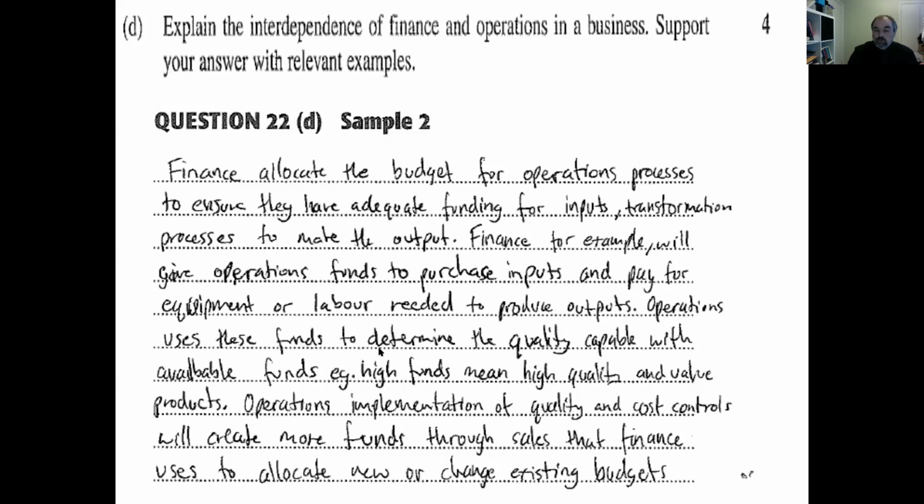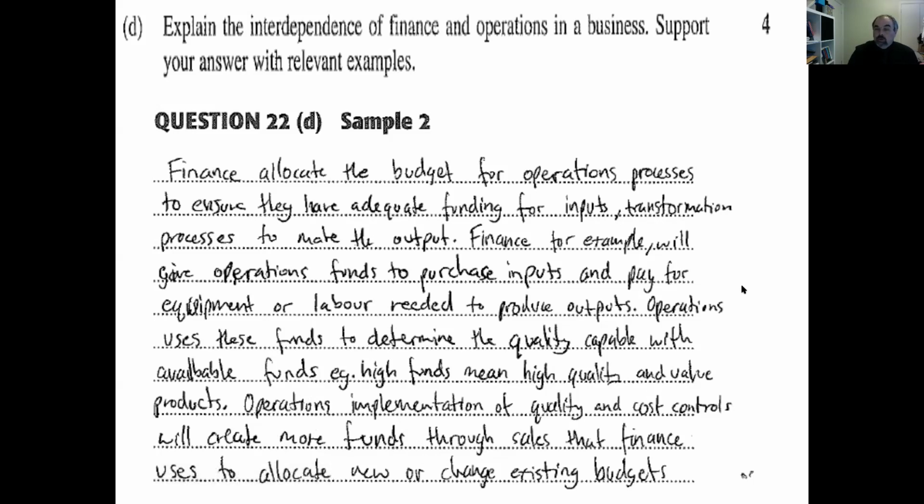Operations uses these funds to determine the quality capable with the available funds. Example, high funds means high quality valued products. Operations' implementation of quality and cost controls will create more funds through sales that finance uses to allocate new or change existing budgets.